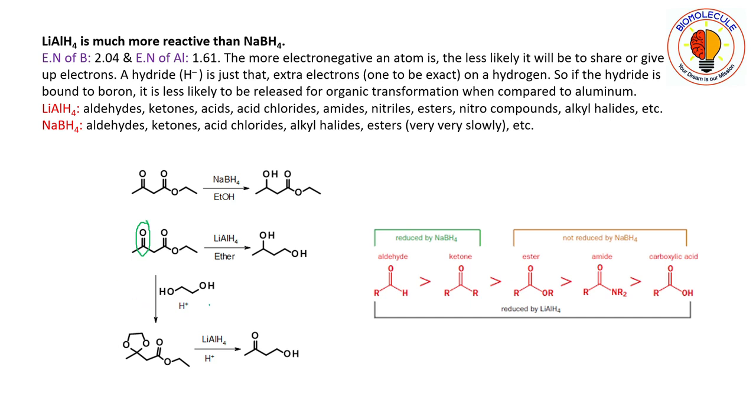So by employing ethylene glycol, ketal formation takes place. Since the ketone is much more reactive than the ester group, the ketone will get protected. Now we will give lithium aluminum hydride.